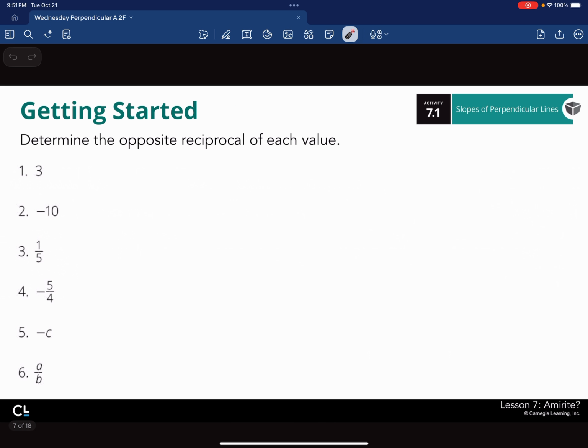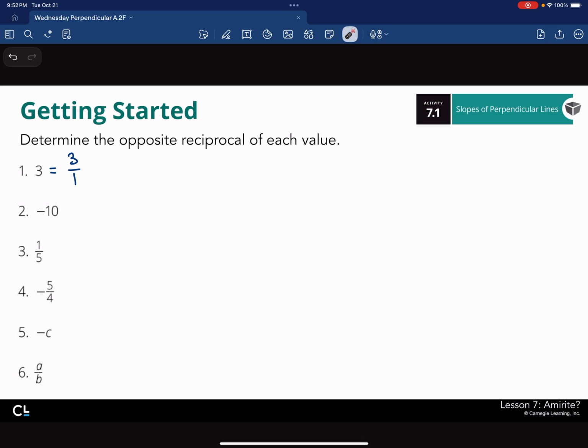So let's start with some examples. The first one is 3. Well, I need the opposite reciprocal of 3, but first I need to change 3 to a fraction. If I want to change anything into a fraction, I have to put it over 1. So 3 is the same thing as 3 over 1, but now it's a fraction.